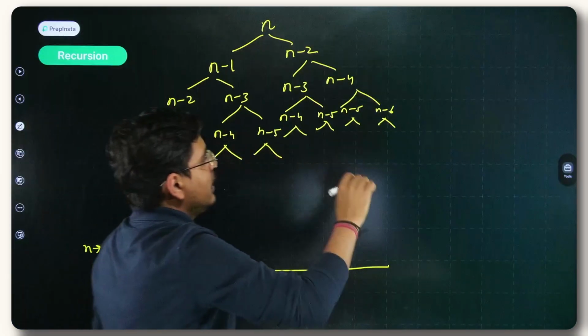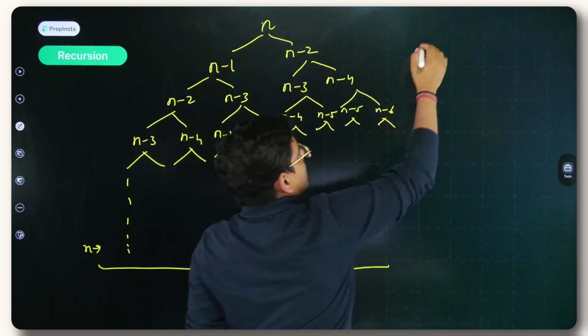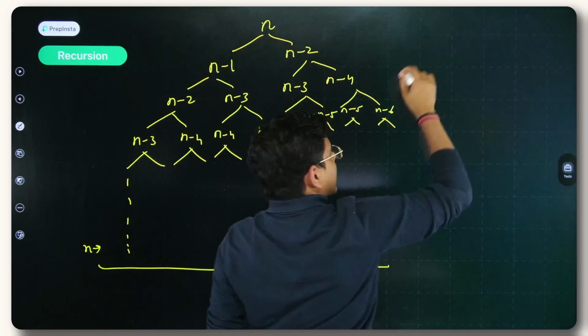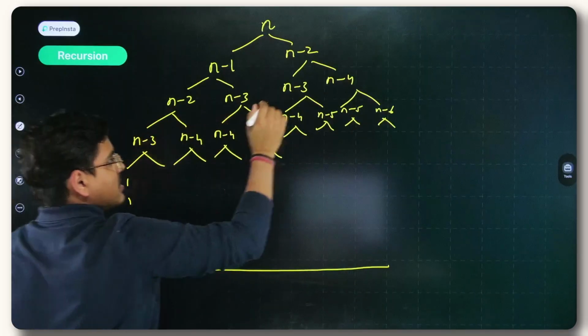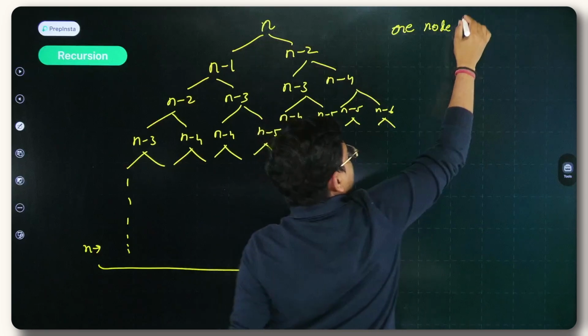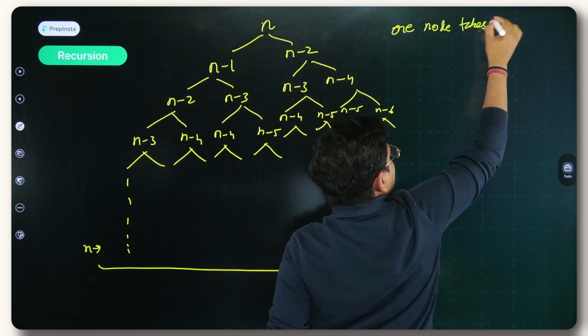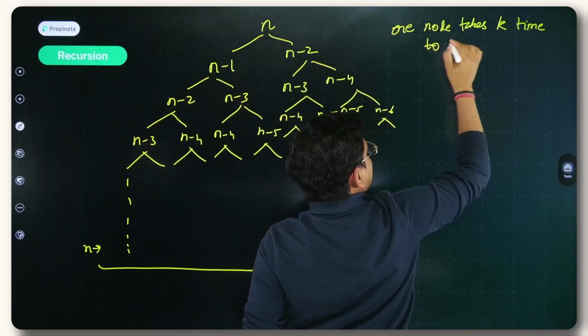Very simple. If I'm trying to calculate the time complexity using this method, the time taken by one node can be assumed as k. Say that one node takes k time to execute.